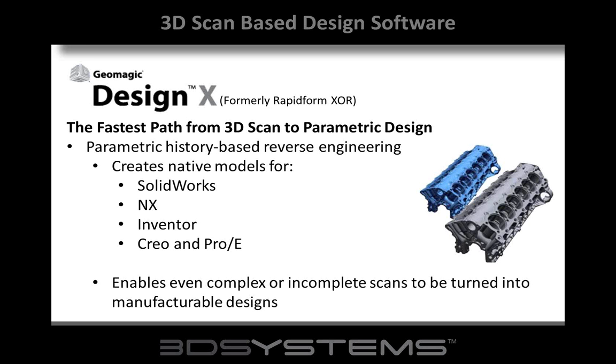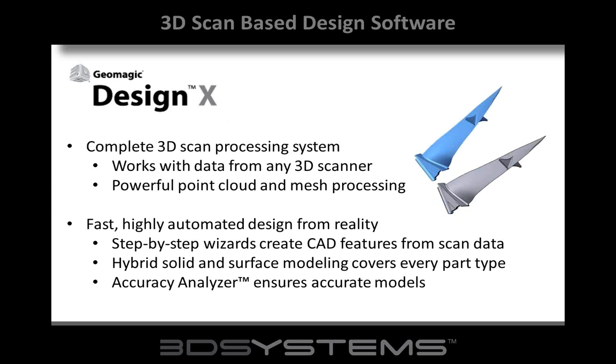And those native models are parametric and enable even complex or incomplete scans to be turned into manufacturable designs. Because of that parametric approach, we can get the design intent instead of just the shape. So we can also work around some defects or holes, incomplete scans or whatever, so we can create the whole part as a manufacturable part.